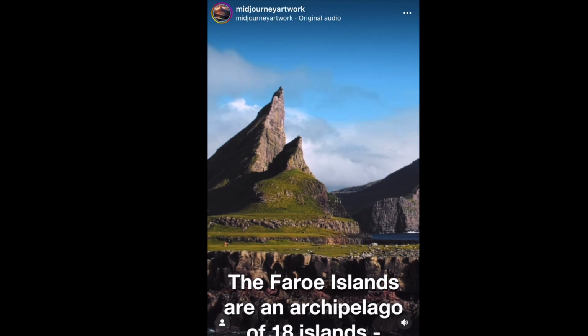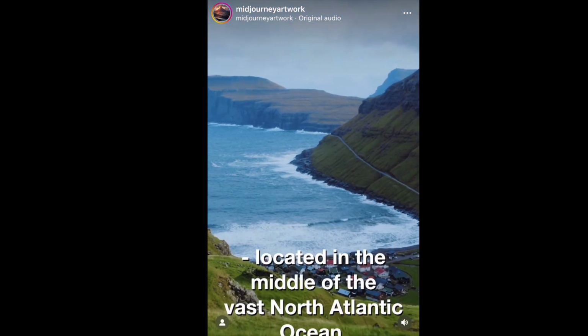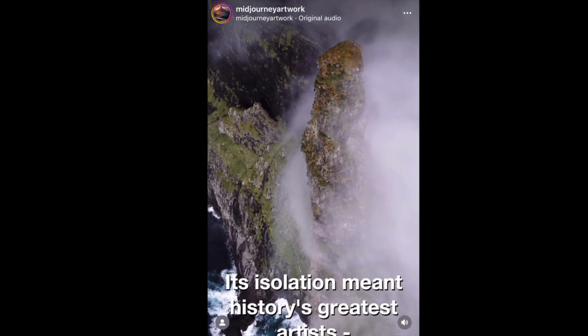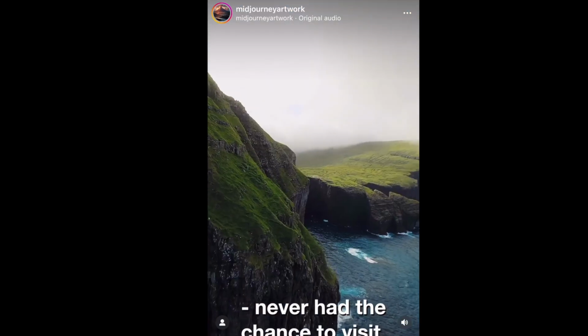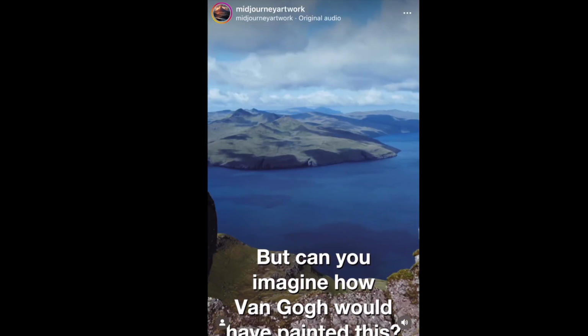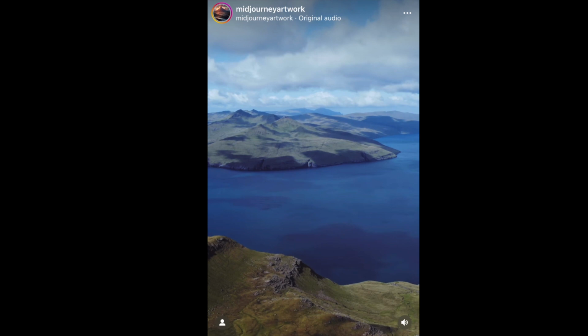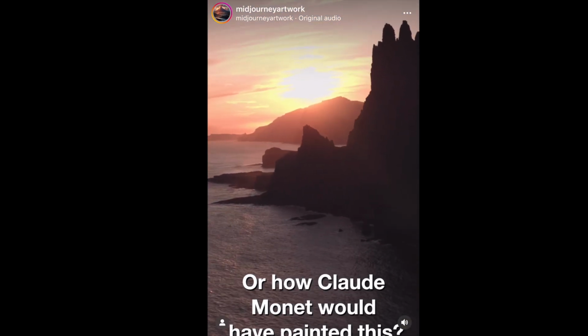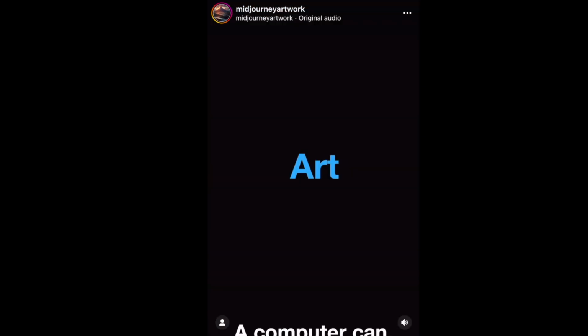The Faroe Islands are an archipelago of 18 islands located in the middle of the vast North Atlantic Ocean. Its isolation meant history's greatest artists never had the chance to visit. But can you imagine how Van Gogh would have painted this? Or how Claude Monet would have painted this? A computer can.